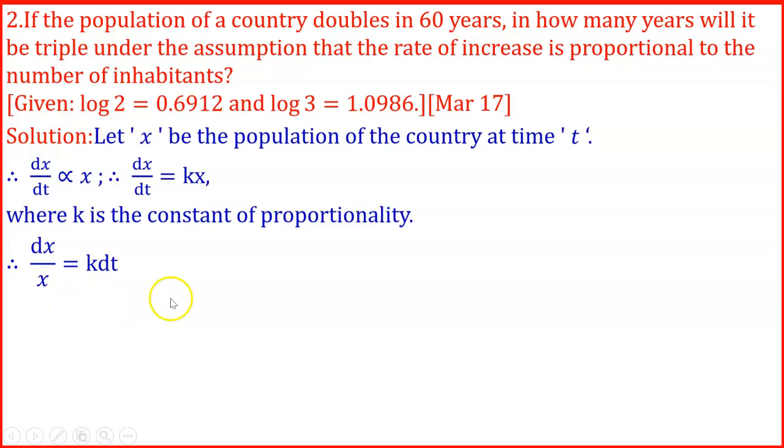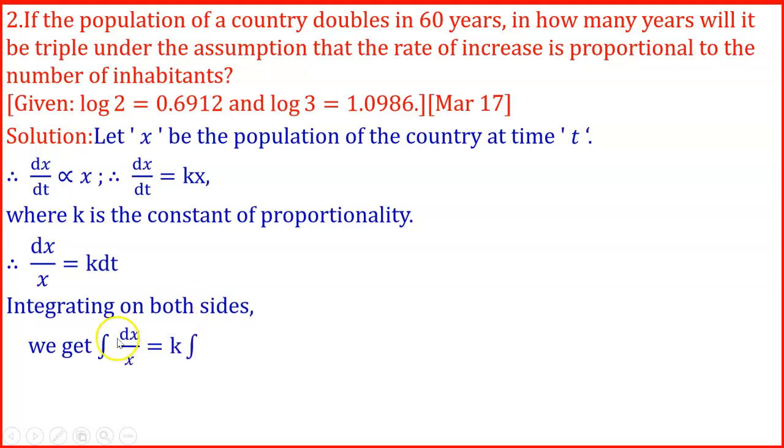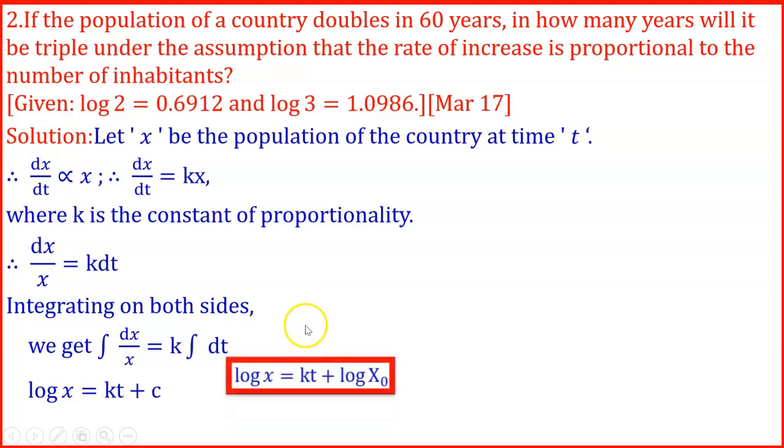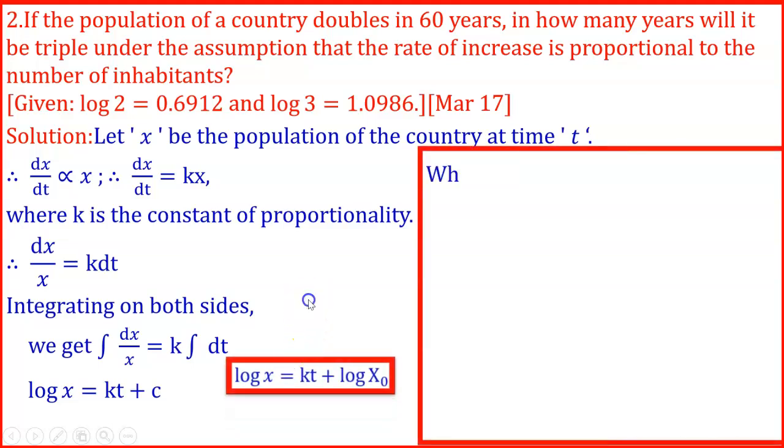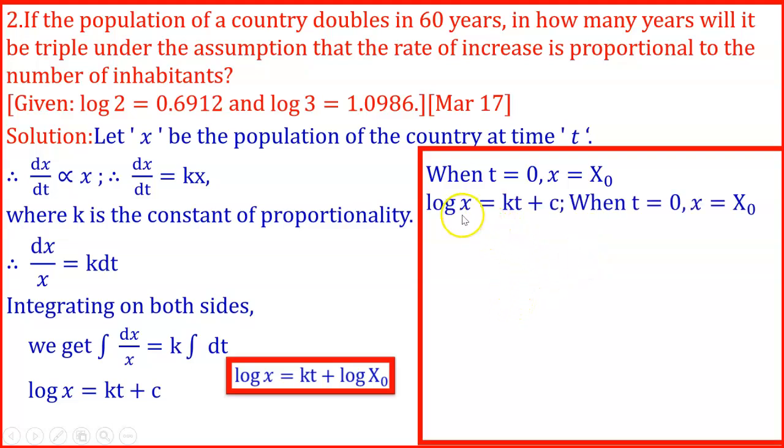After separating the variables, integrating on both sides, you will get the integral of dx/x = k times the integral of dt. The integral of dx/x is log x, and the integral of dt is t, so log x = kt + c. Now, when t = 0, that is the starting of the population, x = x0.